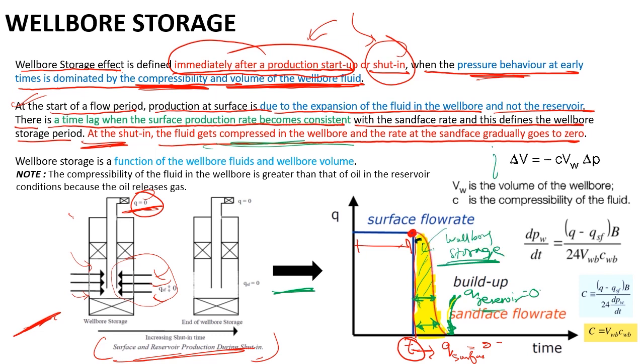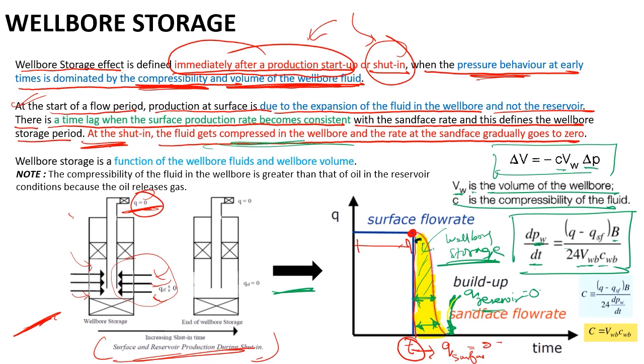Now delta V is equal to minus C V into delta P, very obvious, where V is the volume of the wellbore and C is the compressibility of the wellbore fluid. If I want to calculate dP_w by dt, this would be (Q minus Q_sf) into B divided by 24 V C, where Q minus Q_sf is the difference between the surface flow rate and the reservoir flow rate, B is the oil formation volume factor, V is my wellbore volume, and C is the compressibility of the fluid.